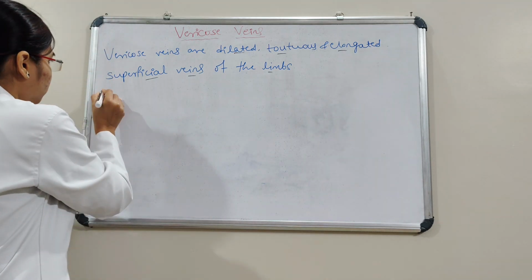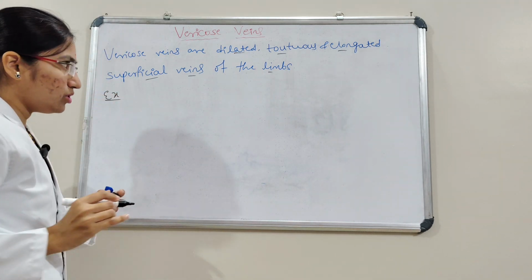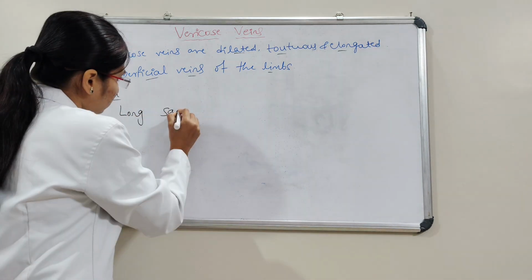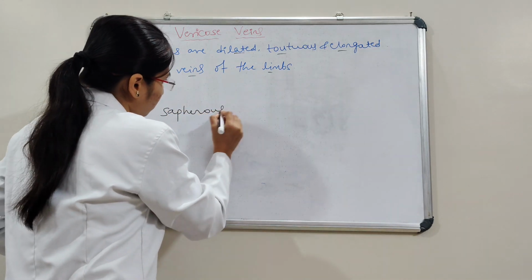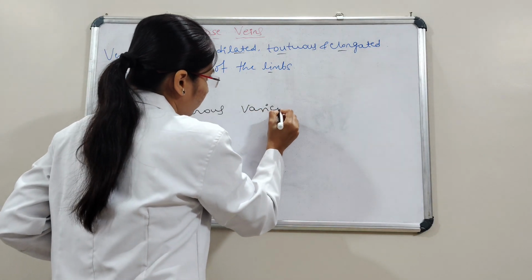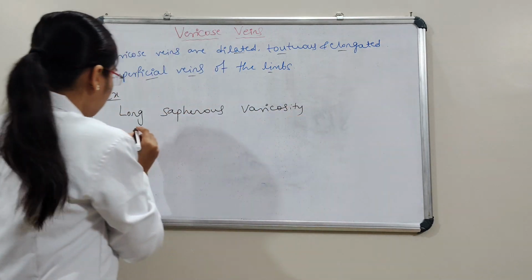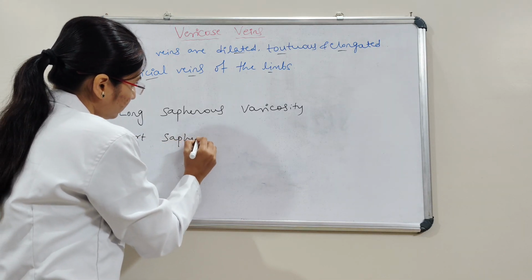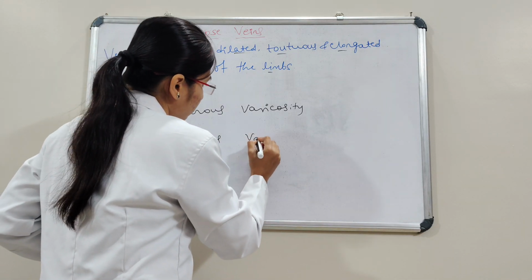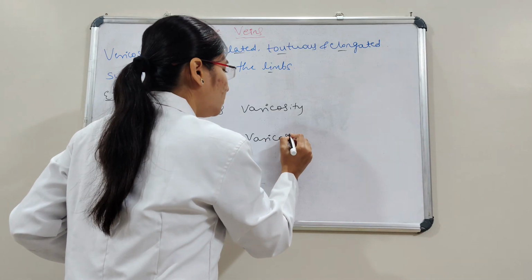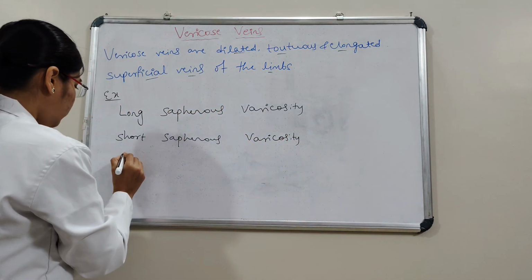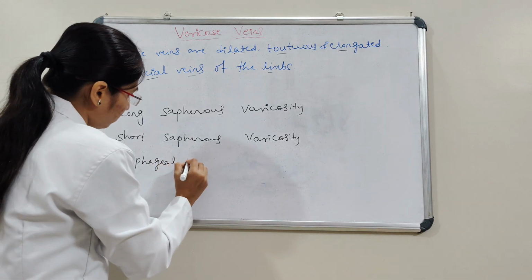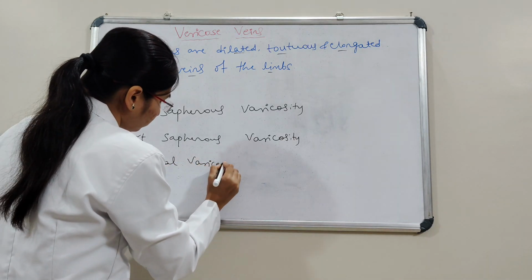For example, we'll see the examples. Long saphenous varicosity, and then short saphenous varicosity, and then esophageal varices.